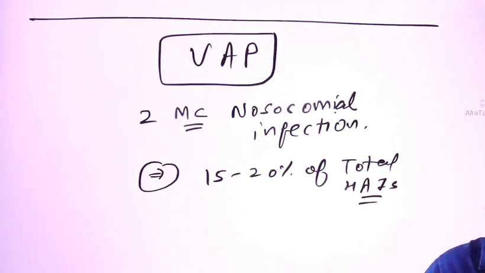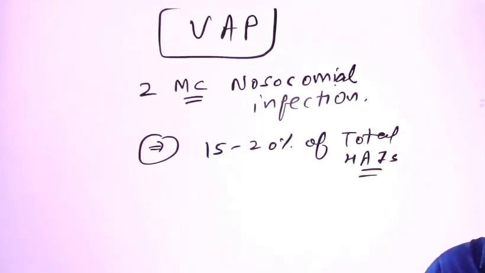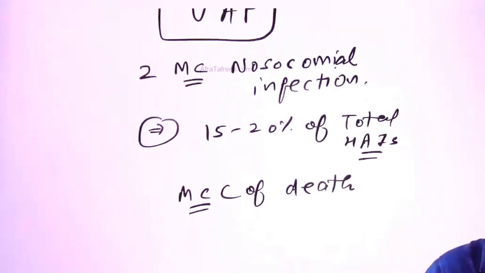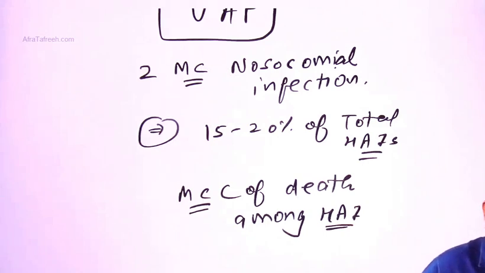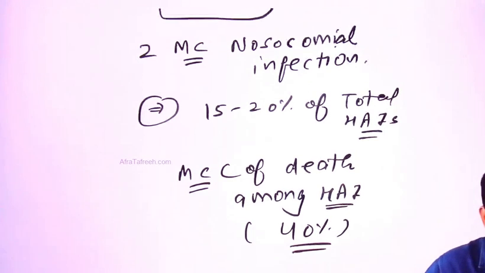Okay, this accounts for how much? 15 to 20% of the total HAIs, and the most common cause of death among the HAIs, the stigma goes to VAP only. The mortality rate is around 40% because of it. So that is also to be focused upon.